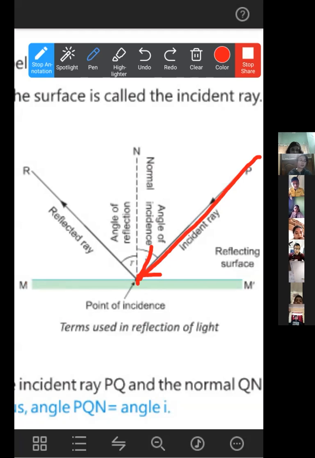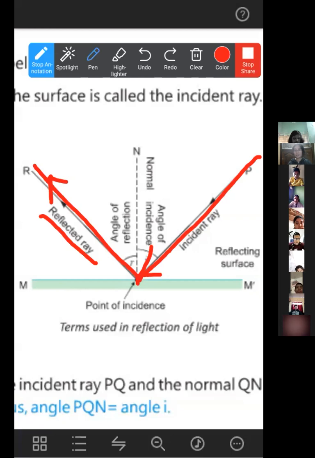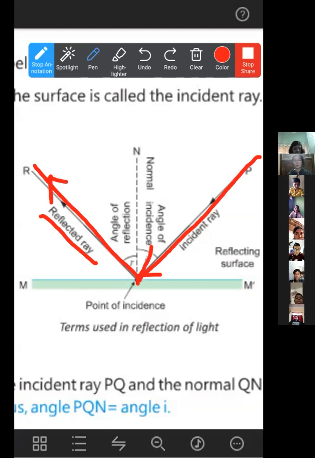The ray that is reflecting is called the reflected ray. So when the ray is falling on the surface, that is the incident ray. The point at which it falls on the surface is the point of incidence. And from the point of incidence, when the light ray is reflected, that ray is called the reflected ray.